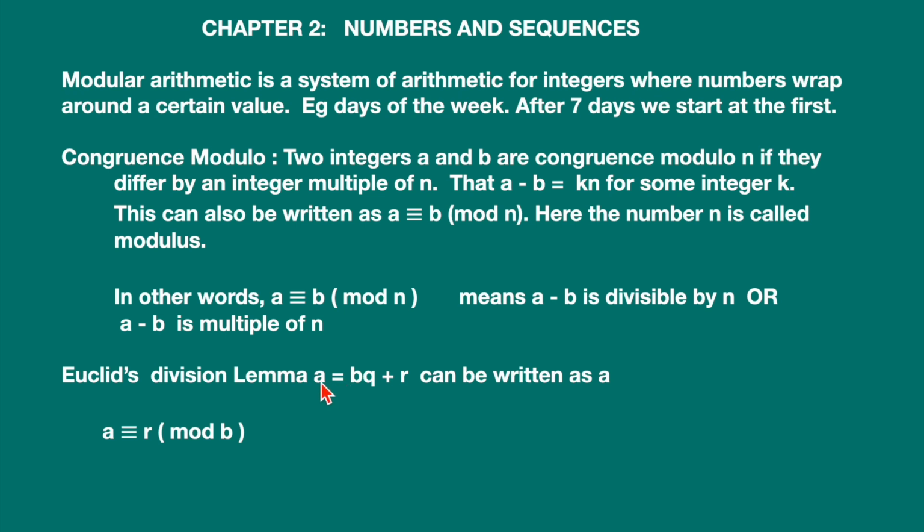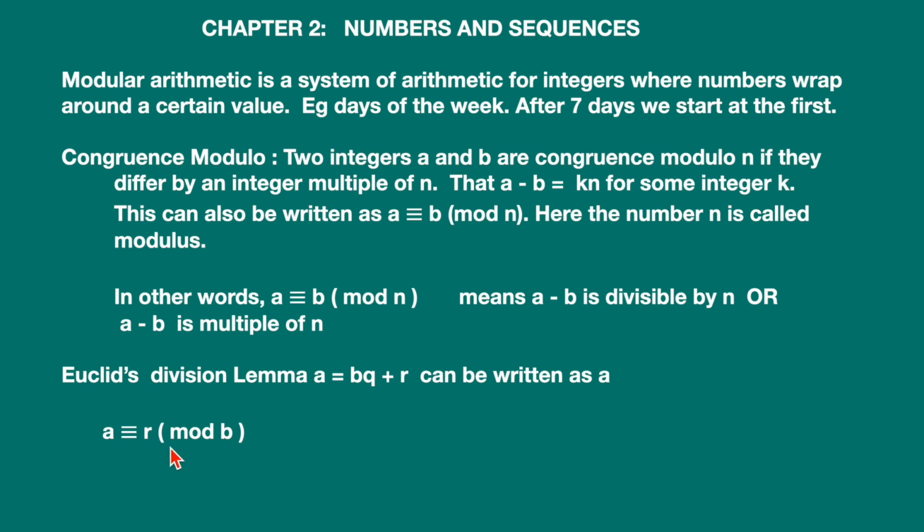So we are going to write this lemma in this form. Here we are not interested in the quotient, only the remainder. So when a is divided by b, you get the remainder r. So you write it like this: a congruent to r modulo b.